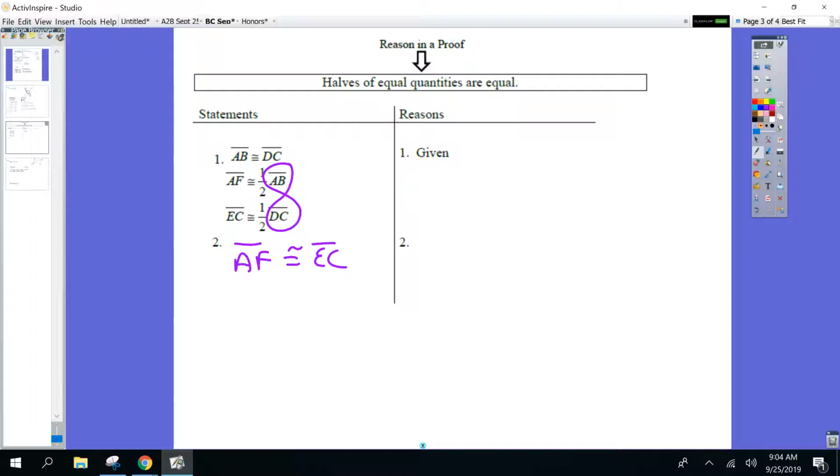And that is my new fact, which is halves of equal quantities are equal. So it's taking two congruent angles or segments, cutting them in half, and saying the halves are equal. That's where I'm going to use this now. Anything about that? Because I'm going to throw a little wrinkle into it right now for our last proof of the day.